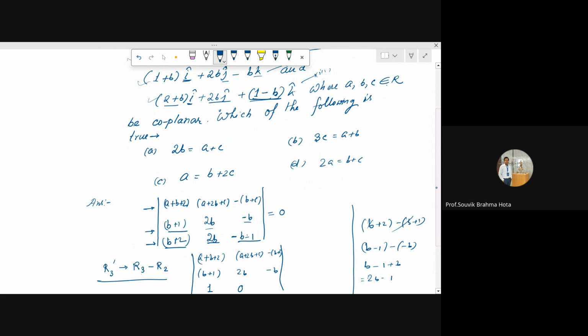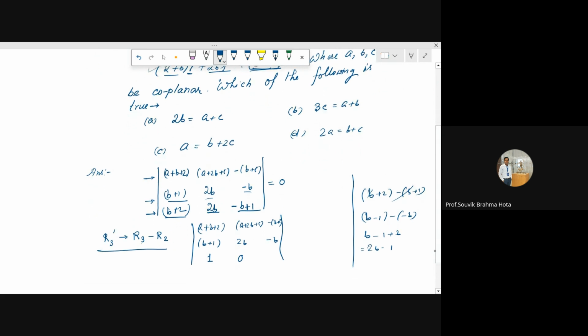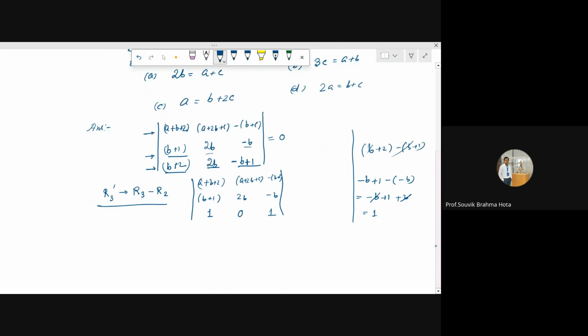Okay, now it is fine. So minus b plus 1 minus of minus b: minus minus is plus, so minus b plus 1 plus b. b gets cancelled, so it is 1. So we have simplified row 3.